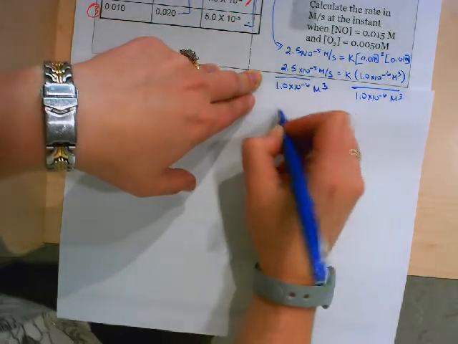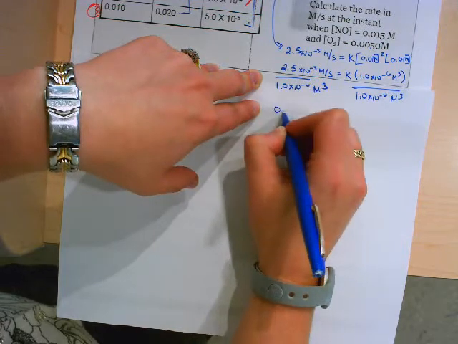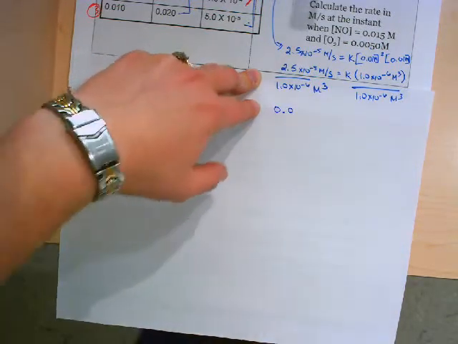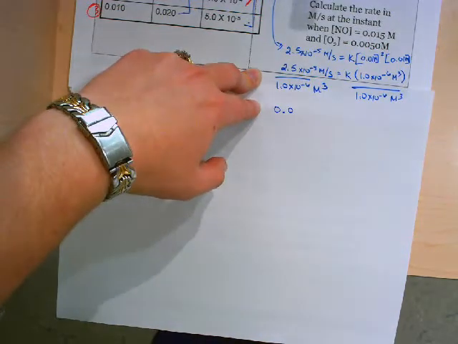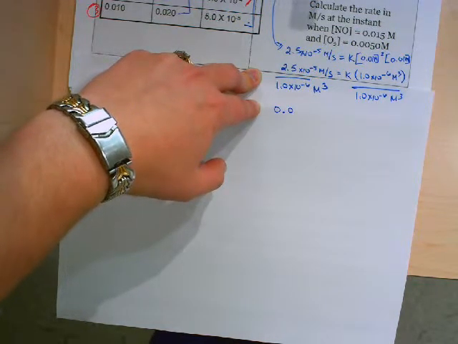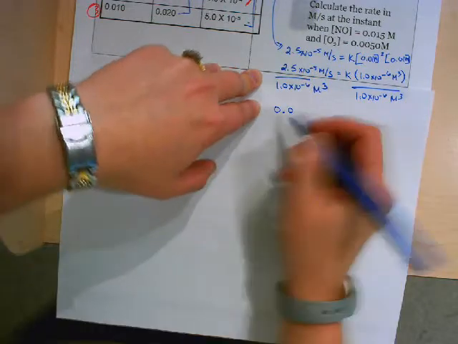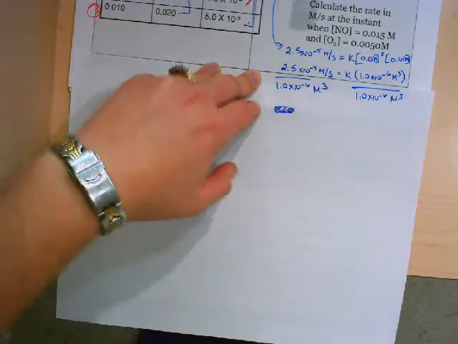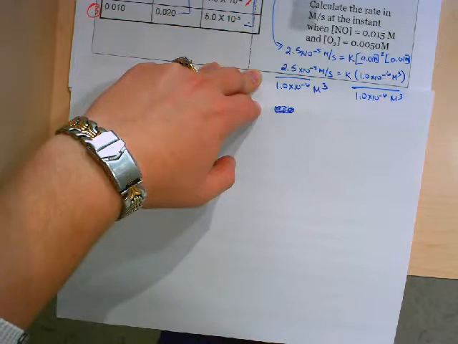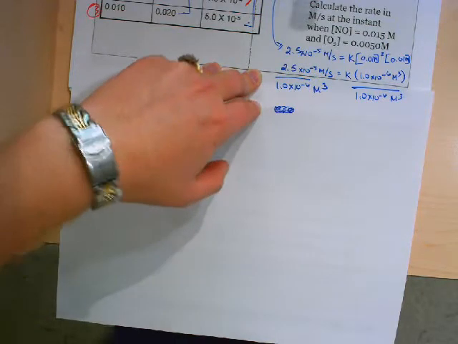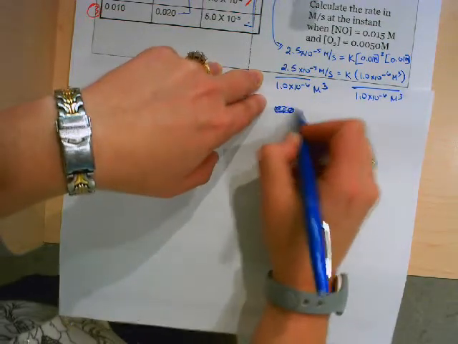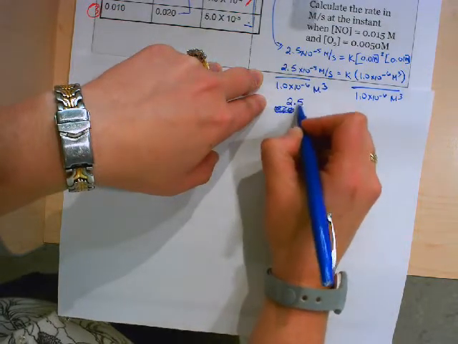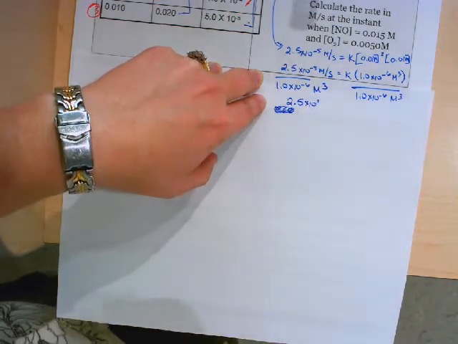And that is what now? 0.0. Is that 0? I think I have that wrong. Yeah. That should be 1.5 times 10 to the first.